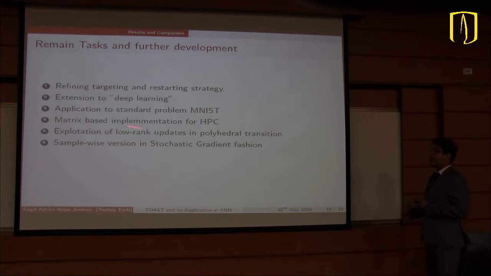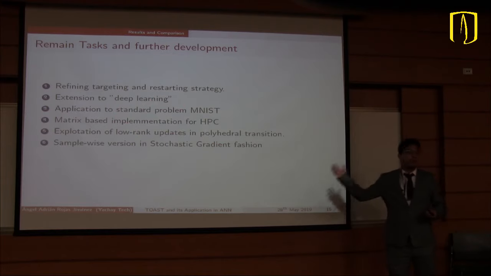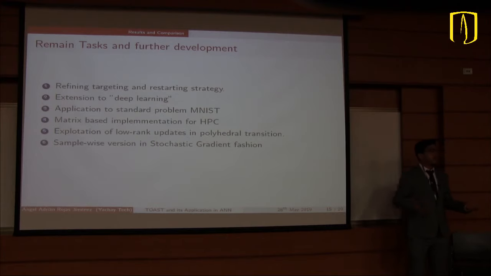So the whole theory is already done, and we just have to do the programming. Then the third point is application to a standard problem, for example MNIST: recognizing numbers that anyone draws, passing them through our neural network, and saying whether it is an 8, a 9, or whatever number we have drawn.